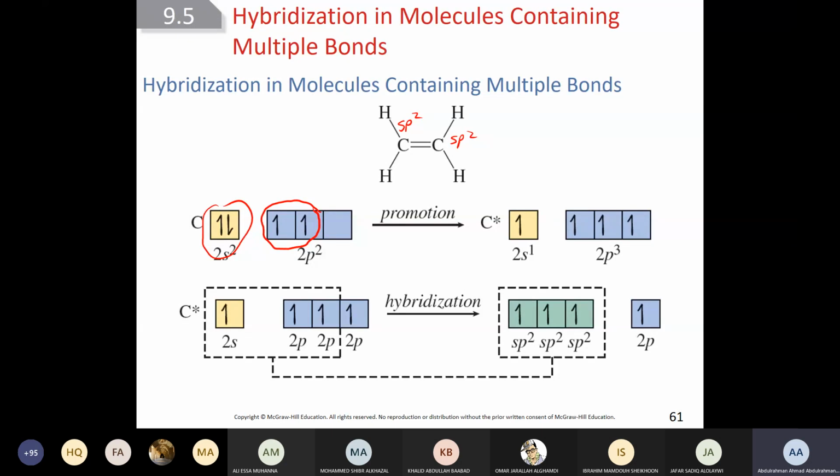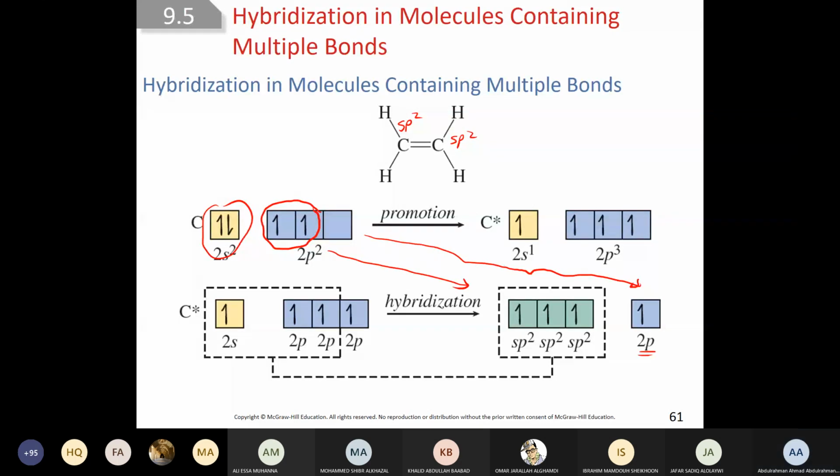This is sp2, sp2, sp2, and the p orbital will be empty. But when we distribute the electrons, we're going to have 3 electrons in the sp2 and 1 electron in the p orbital. The p orbital will be left as it is.